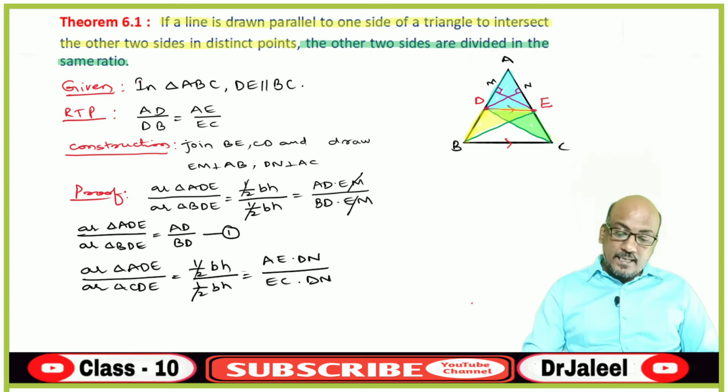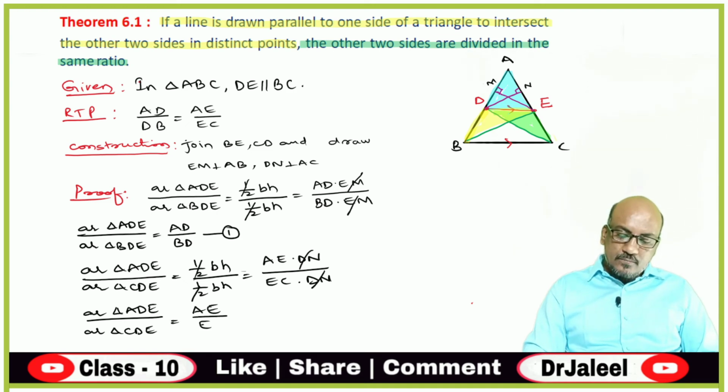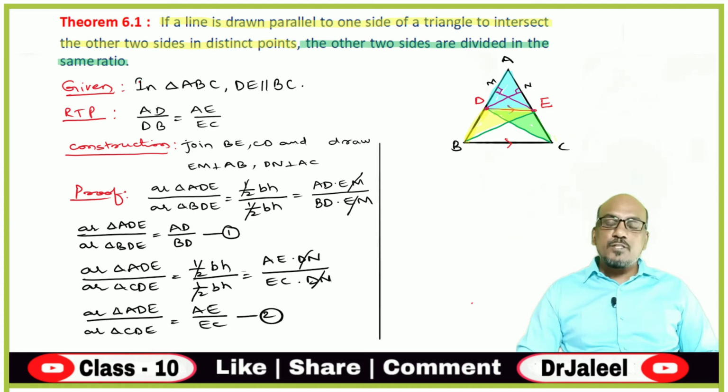So children, can you cancel it here? Yes, DN can be cancelled. What is the statement you are getting then? Area of ADE by area of CDE is equal to, what did you get here? AE by EC. This is the second equation. Children, when we observe the first equation and second equation, in both the numerator is the same, ADE, ADE.